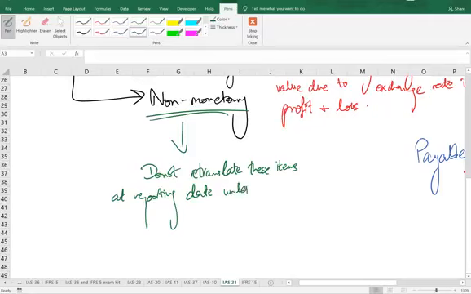Do not retranslate means hold it at historical cost. Once you have retranslated it at the transaction date, you don't need to do it again at the reporting date.